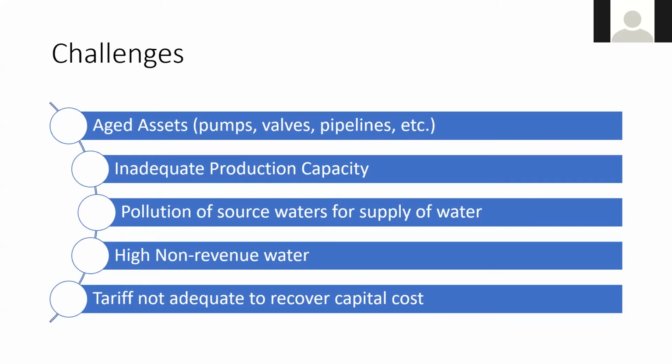And as the city keeps growing, you have people coming in. It's something that if we are not able to catch up, it also affects our ability to serve water to all of the places that we are mandated to.